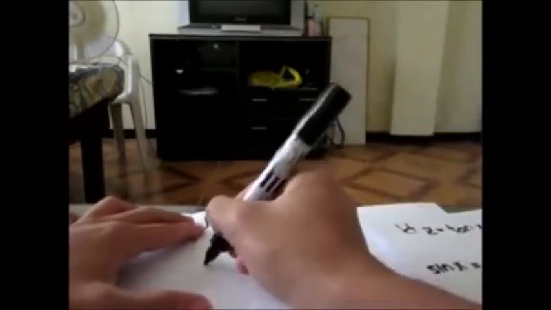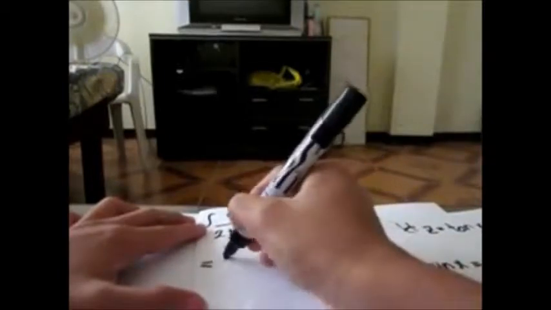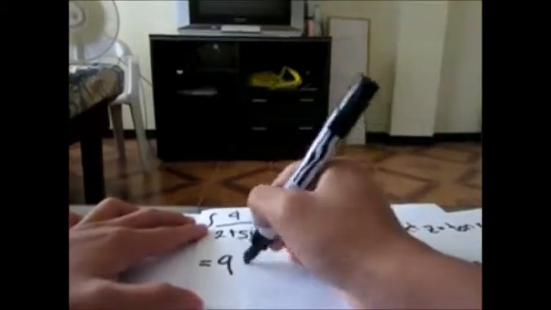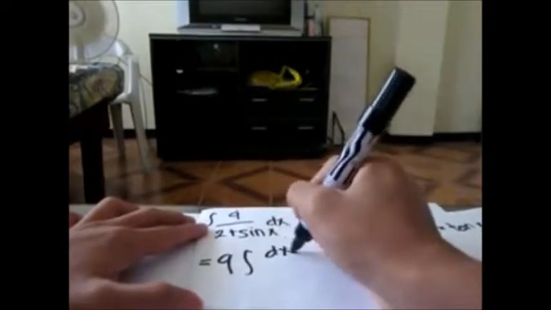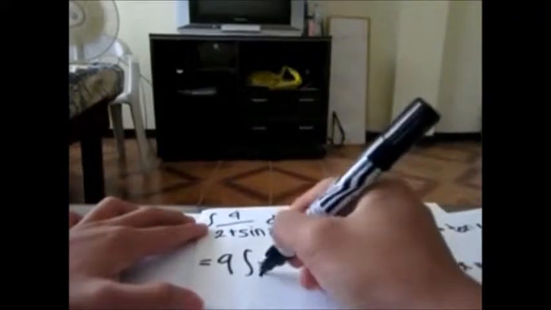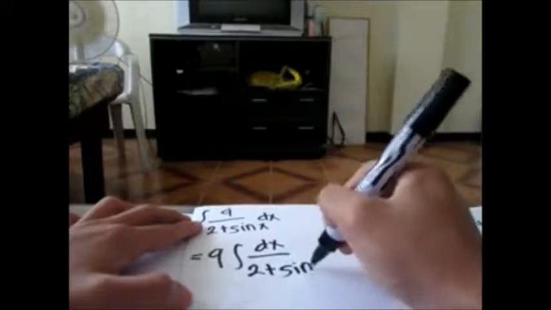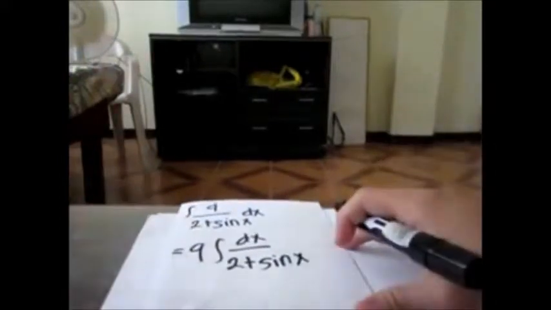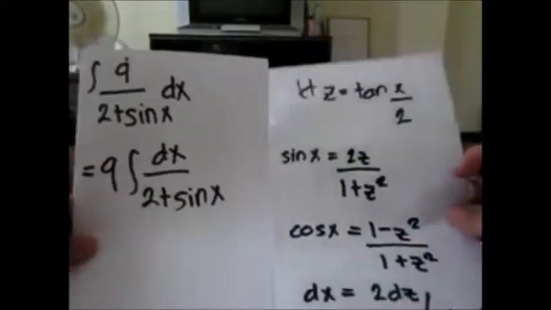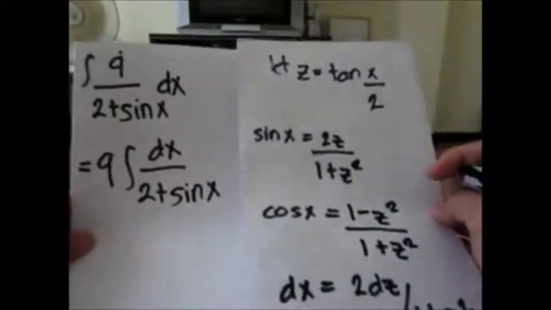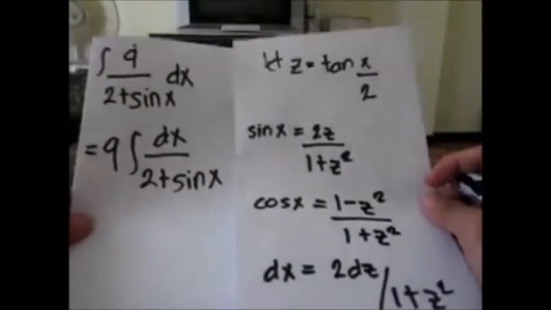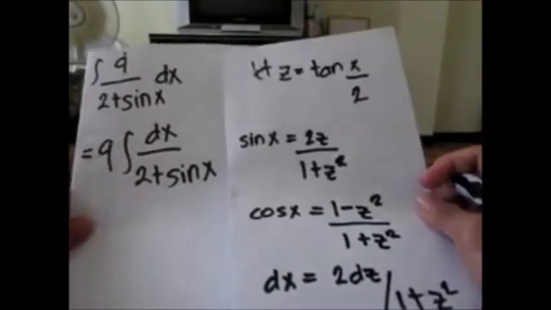So bringing out the constant, this will be equal to 9 integral of dx all over 2 plus sine x. After simplifying, remember that we can substitute two of our variables here, such as sine x and dx.